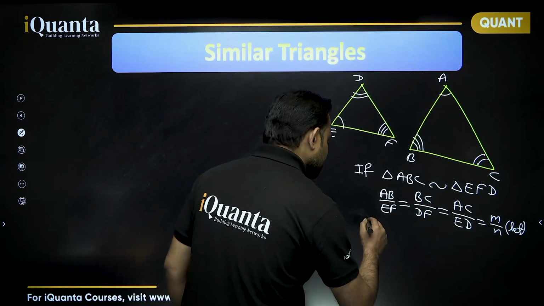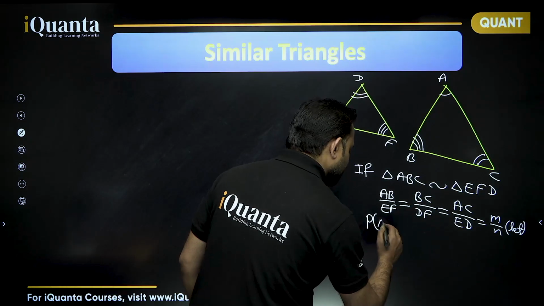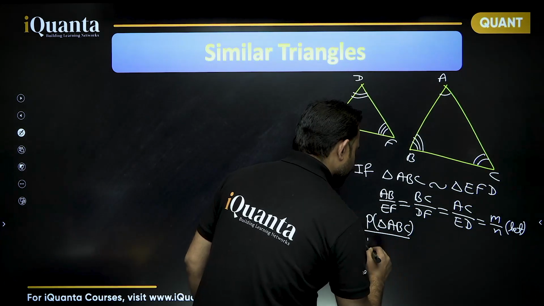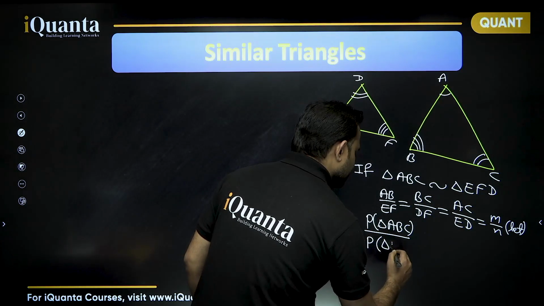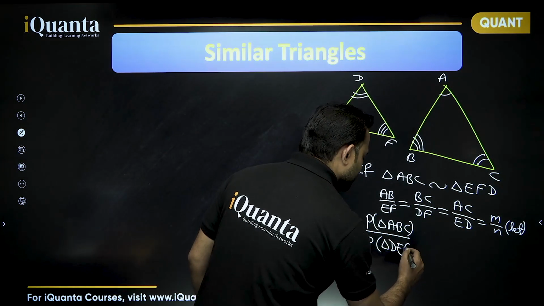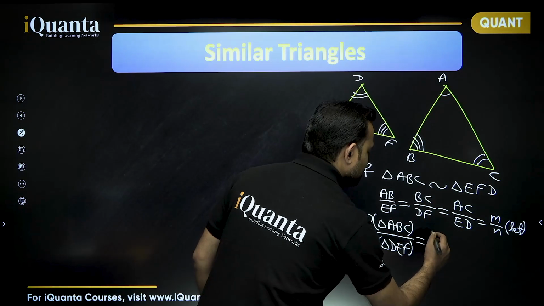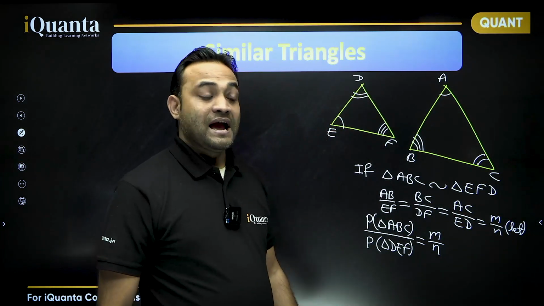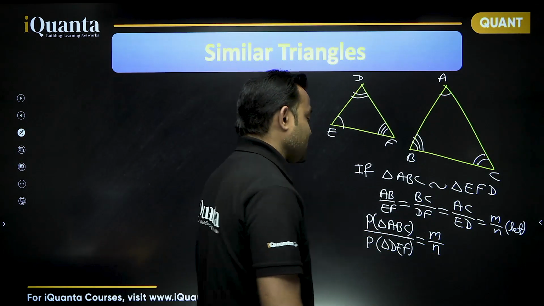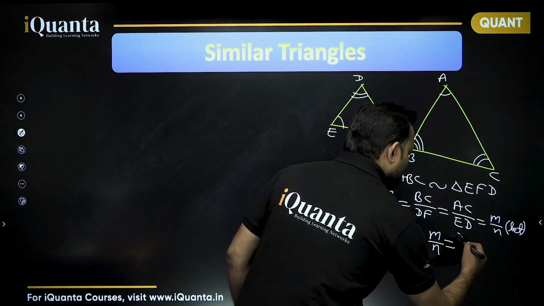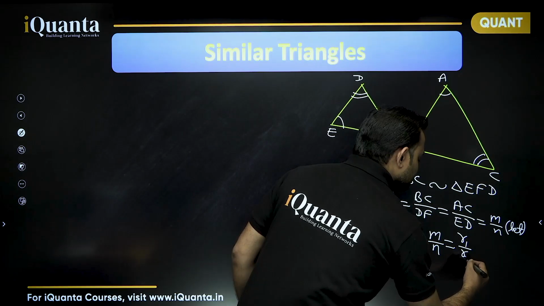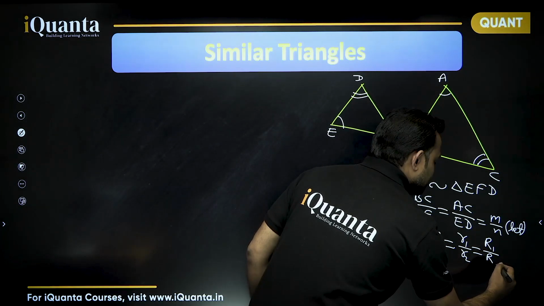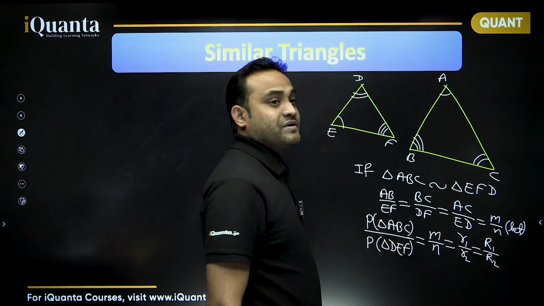So the perimeter of triangle ABC divided by the perimeter of triangle DEF, and in this case you can write DEF, it doesn't matter, will be the same as the ratio of side lengths, which is m by n, and this will also be the same as the ratio of their inradius and circumradius.